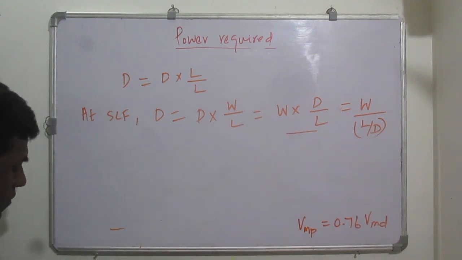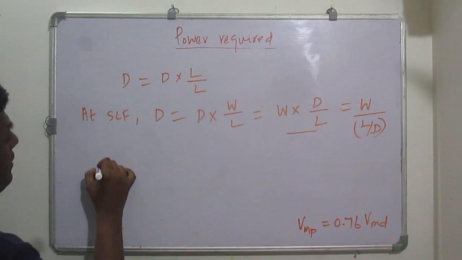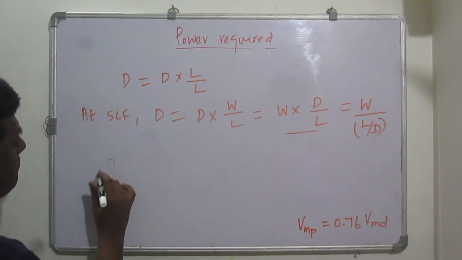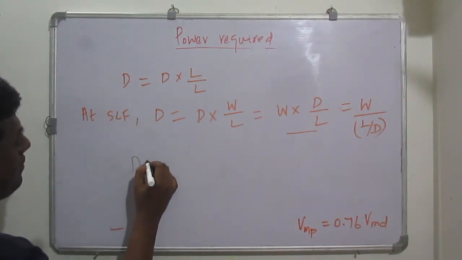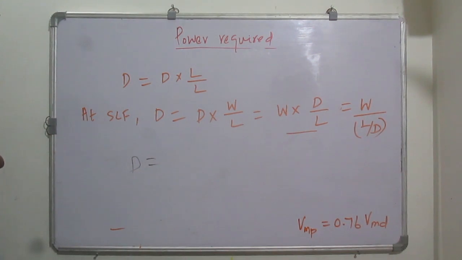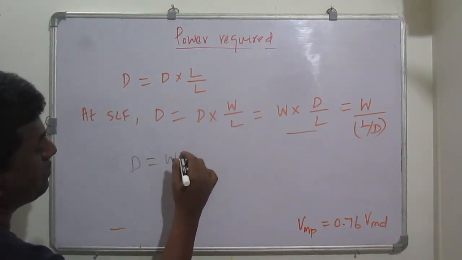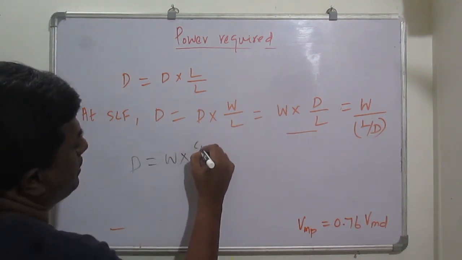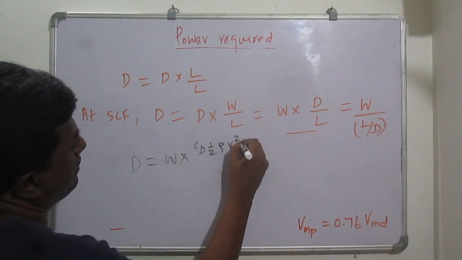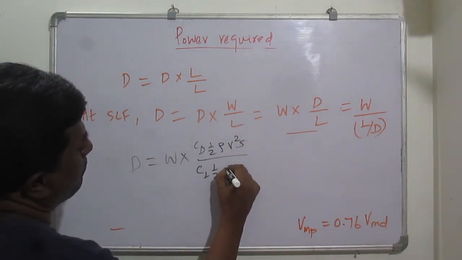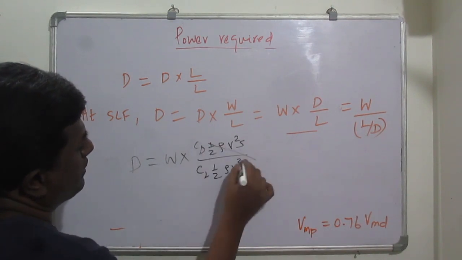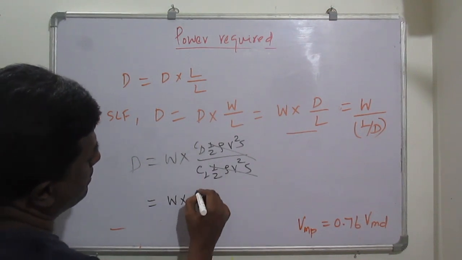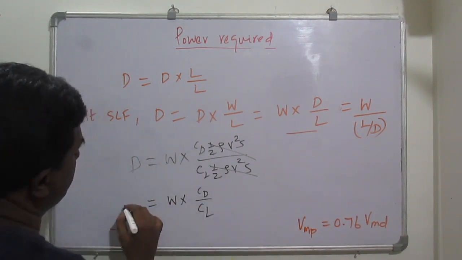Drag equal to W into CD, because this is CD of rho v square S divided by CL of rho v square S. Both terms get cancelled, so we are converting this into CD by CL. So CD by CL, this is drag.